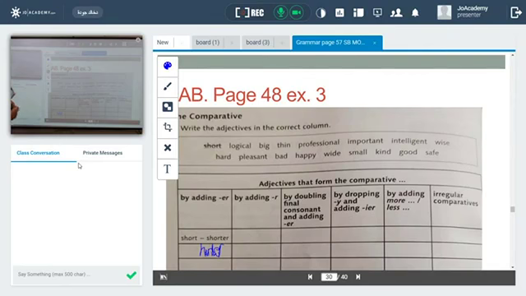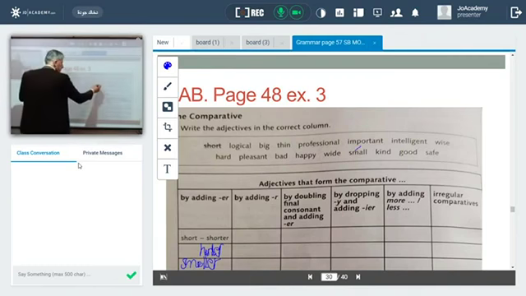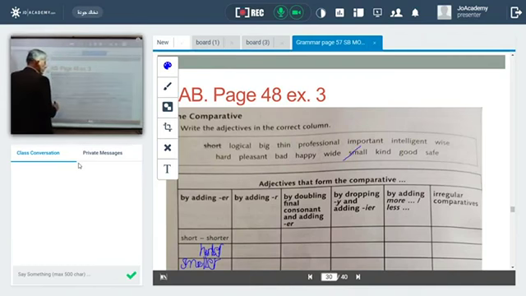Look at these. Do you think we need to put any of the adjectives here? Yeah, we have small. Small becomes smaller. So we have small, take it out, and we have hard.